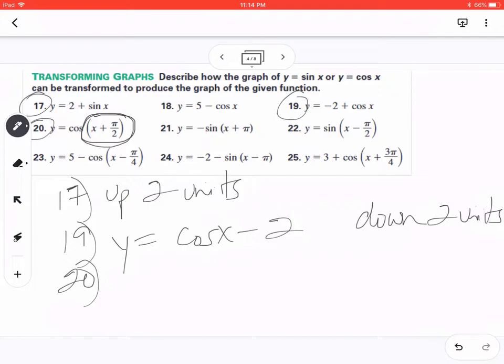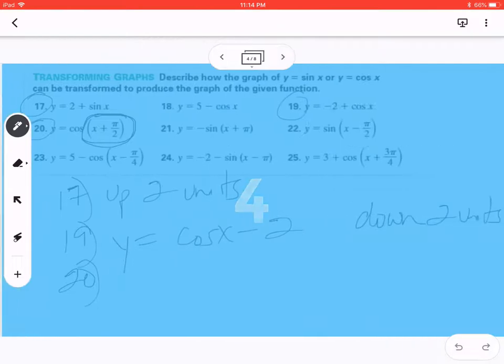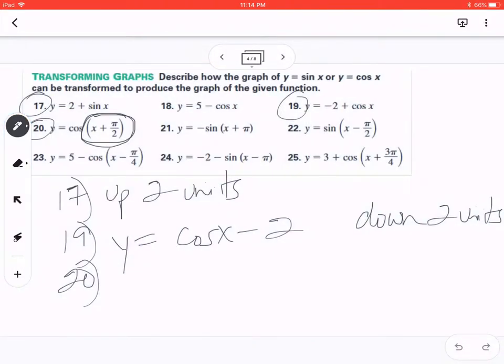Since there's a value added on, let's go back and remember how when it's added on, it's going to the left because of the double negative that's occurring. So in this case, in number 20, the original graph is going left pi over 2 units. And remembering how pi over 2 radians is the same as 90 degrees.